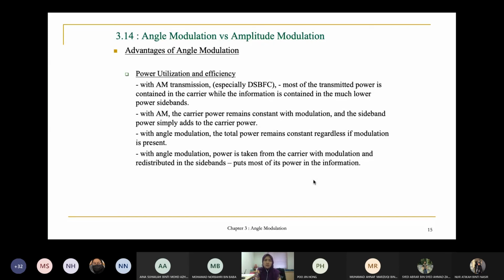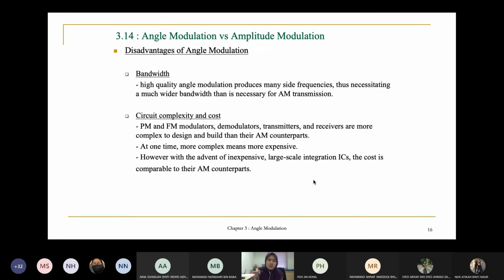However, angle modulation still has its own disadvantages. The main one is in terms of bandwidth. Remember, for angle modulation, you can have up to an infinite number of sidebands.